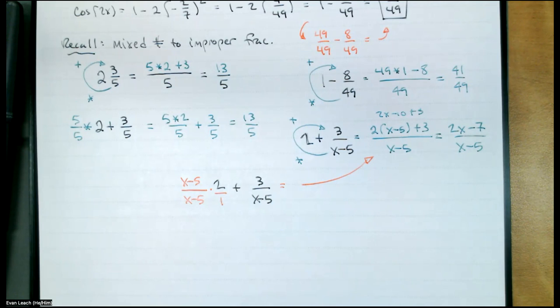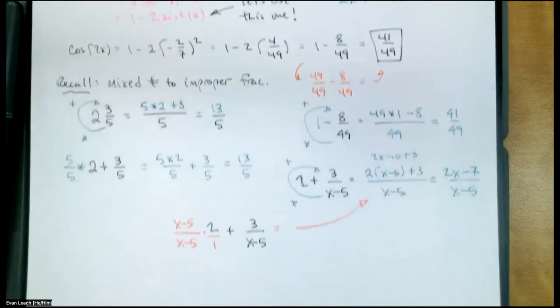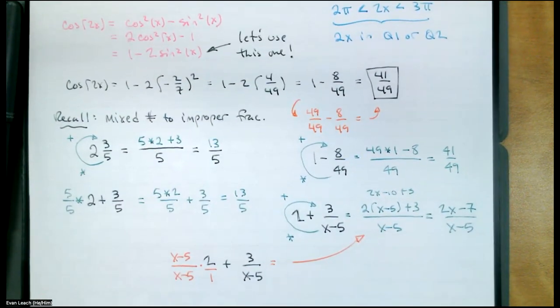Any questions? Yes. The identity we used was a double angle identity. So we were told that we figured out that 2x would be in quadrant 1 or quadrant 2.